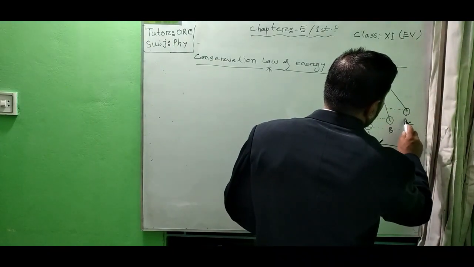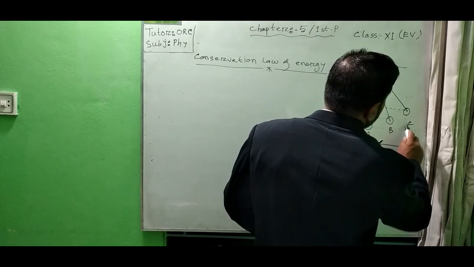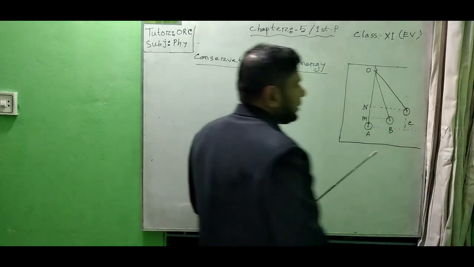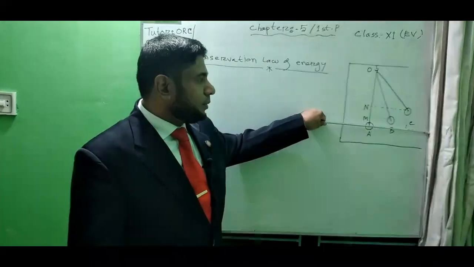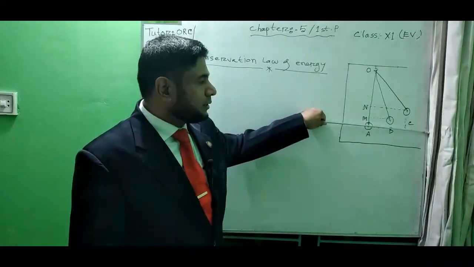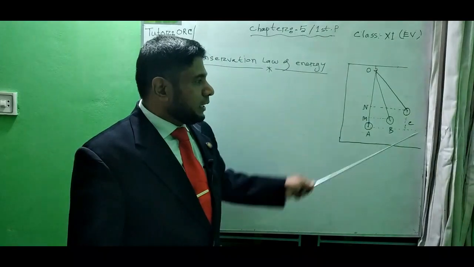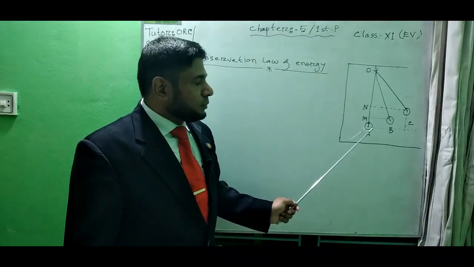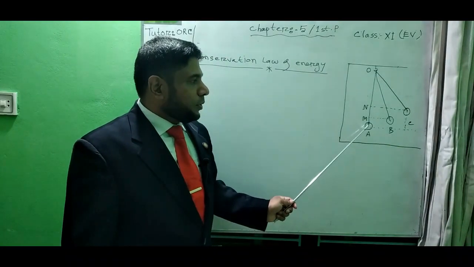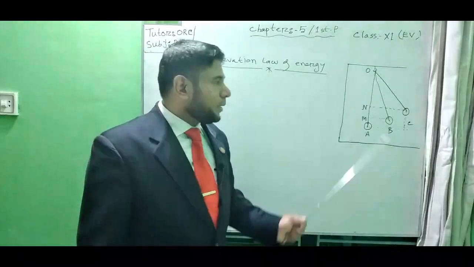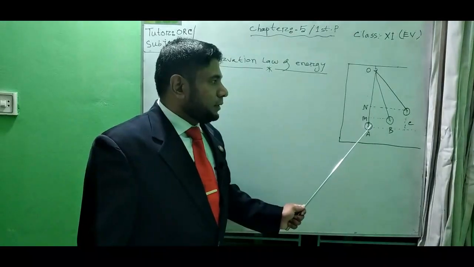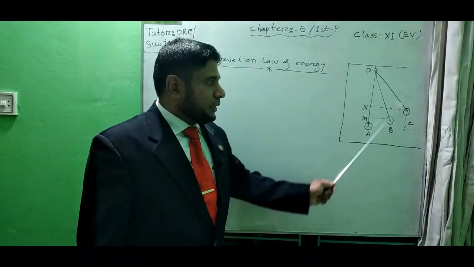Suppose this was the equilibrium position of the bob, and this is important information for the new student. This line is the previous position or ground position for the bob. Although the bob has gone from A to B, in this case we will not take the curved displacement; we will take the vertical displacement.